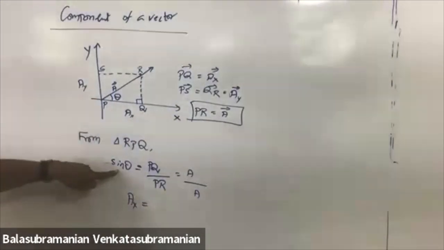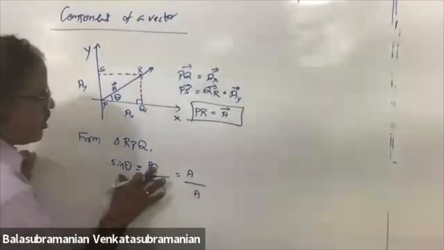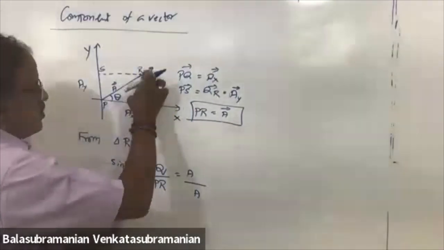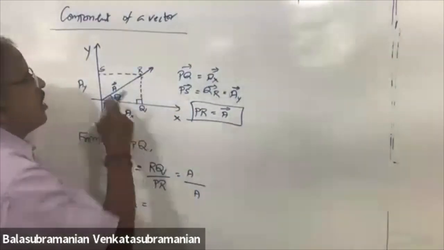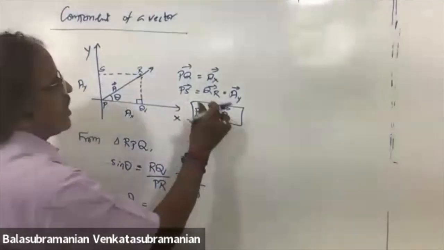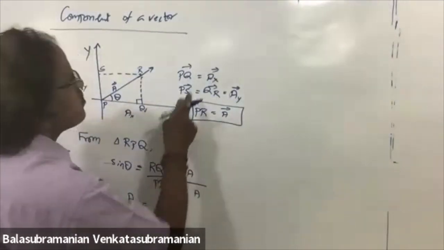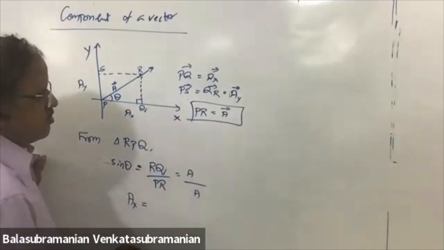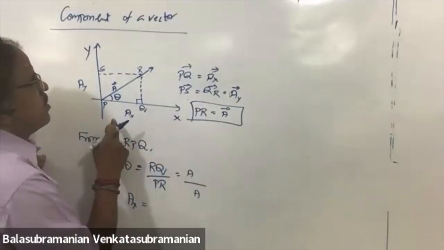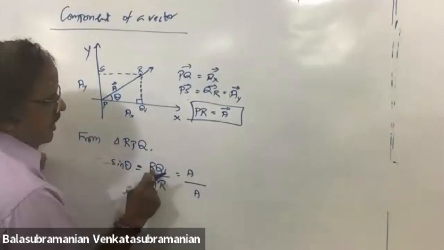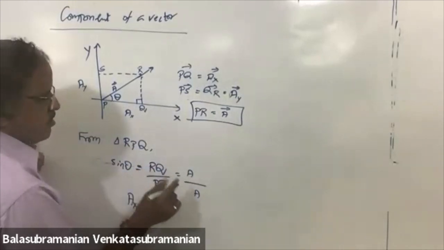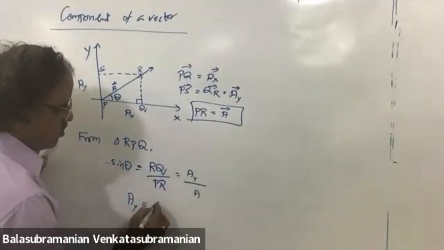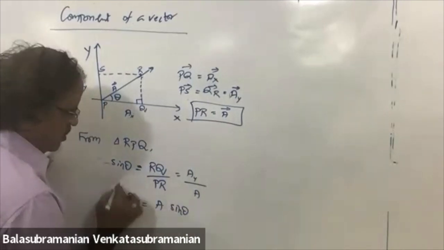This is sin theta only. Sin theta is opposite by hypotenuse, RQ. RQ is nothing but AY. So I can write RQ is nothing but AY by A. So AY is equal to A sin theta.